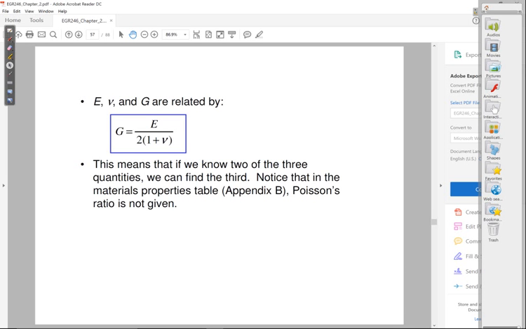Since E and G are listed in your materials properties tables, a lot of them don't bother listing nu, or Poisson's ratio, because you could plug in your shear modulus and your Young's modulus into this equation and solve for Poisson's ratio. That's pretty much the reason that Poisson's ratio is not given in a lot of tables. They figure you could solve for it yourself.